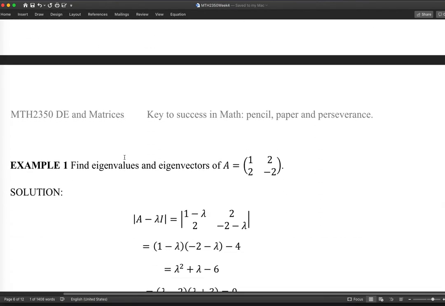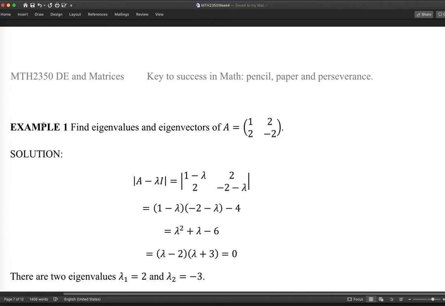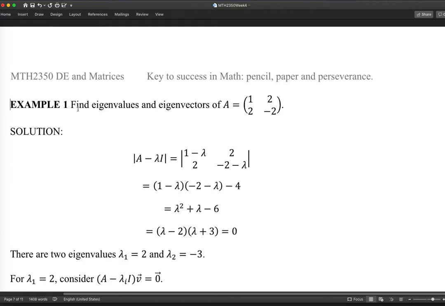This is the first example in the textbook. Example 1: we have the matrix, and we want to find the eigenvalues and eigenvectors.